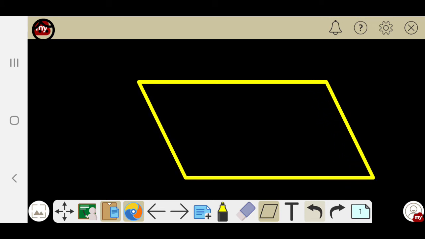Then name this one as A, B, C, D. Then consider its bisectors.